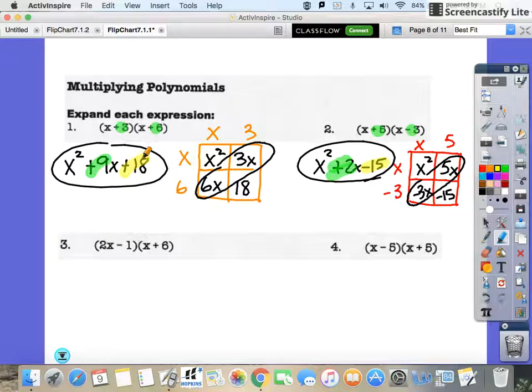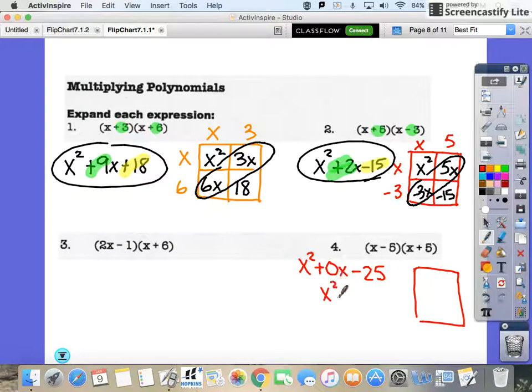So if we try that on this one, it's going to be real goofy because it's a unique example, but x minus 5, x plus 5. If we add those, we get 0, so we'd have x squared plus 0x, and then multiply them, we get negative 25, which is weird because it simplifies to x squared minus 25.